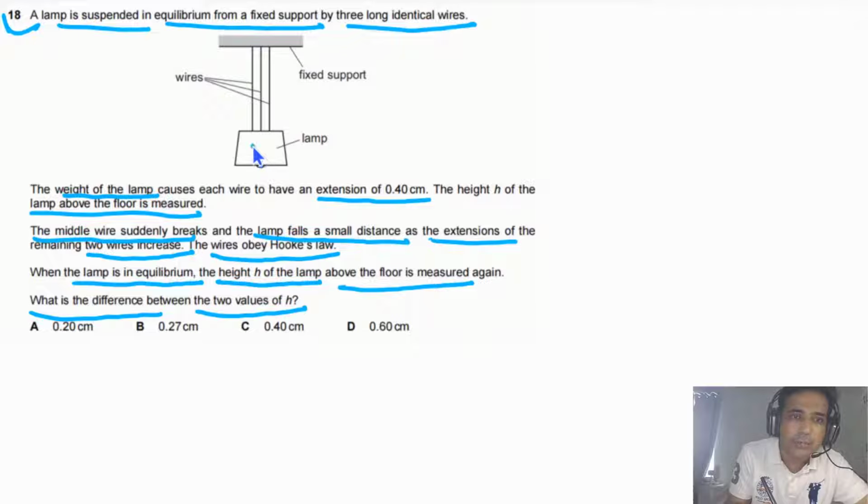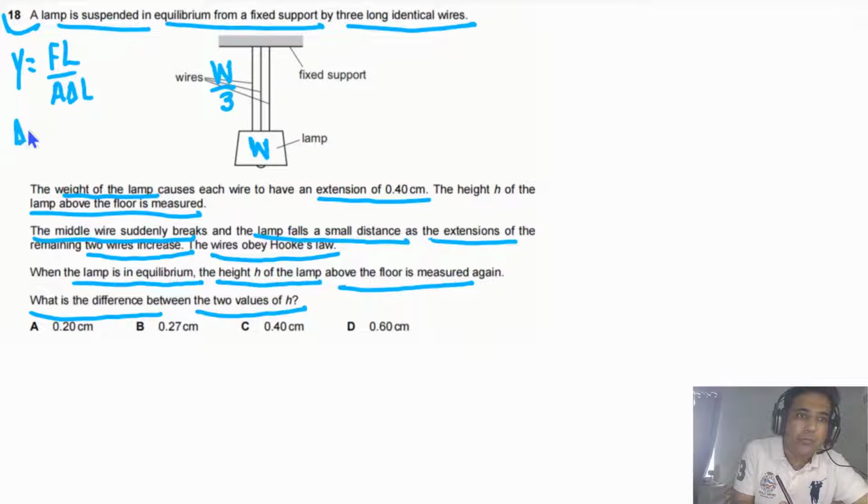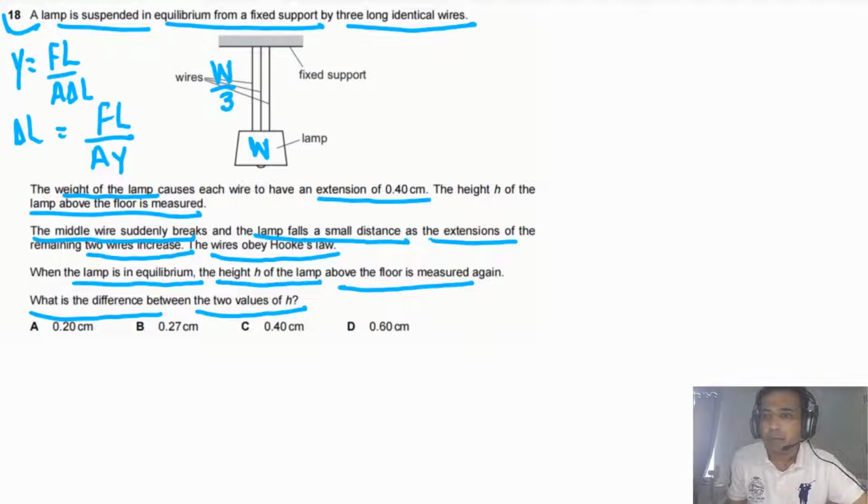First of all, we can imagine in this case the weight of the lamp is W. So the tension in each wire will be equal to W by 3. Now we need to understand Young's modulus. Young's modulus is equal to FL over A times delta L. From here we can write delta L will be equal to FL divided by A times Y. But for this question it is given to us these wires are identical, so L is the same, A is the same, Y is also the same.